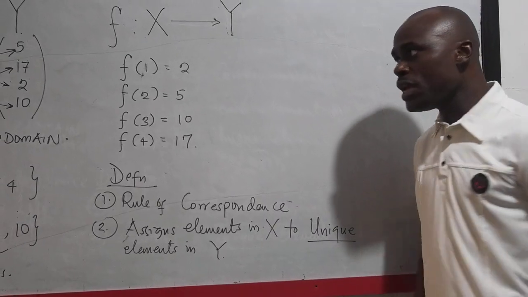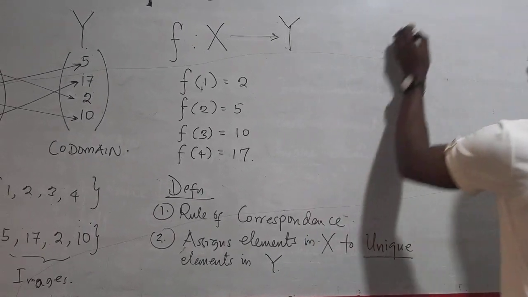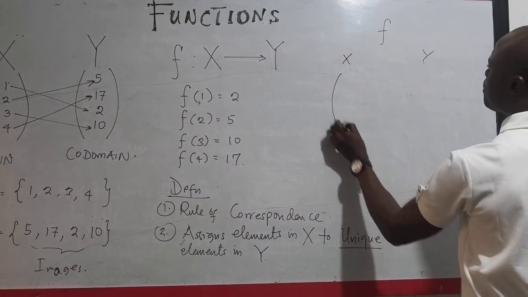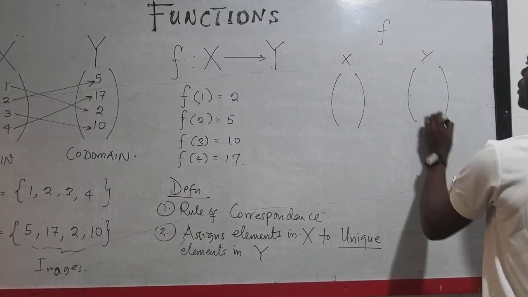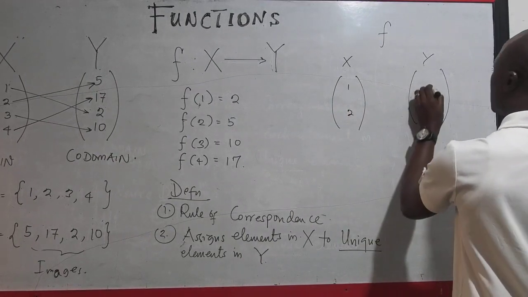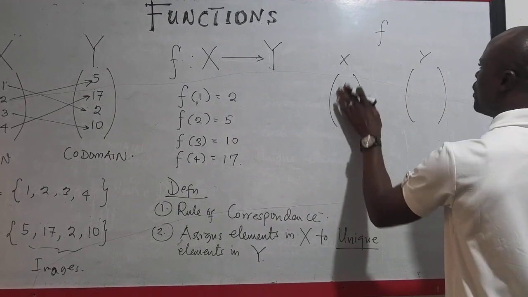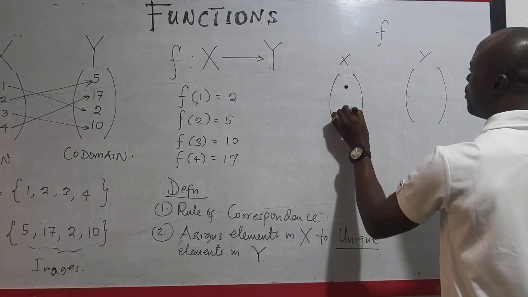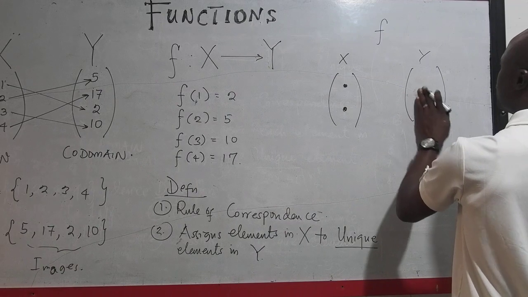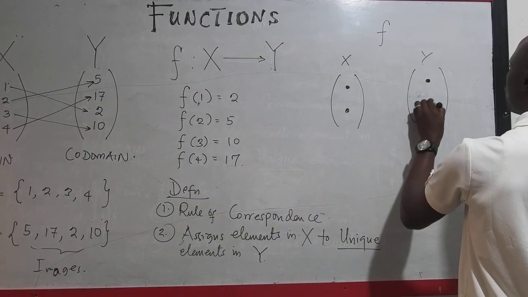What does that mean? I want to explain this, it's very important. Let's put 2 elements, maybe 1 and 2, as dots here.